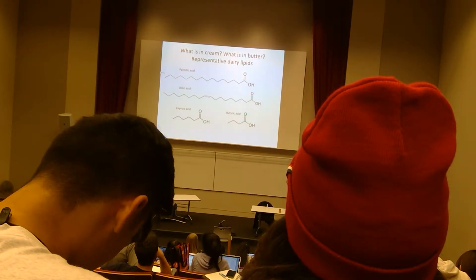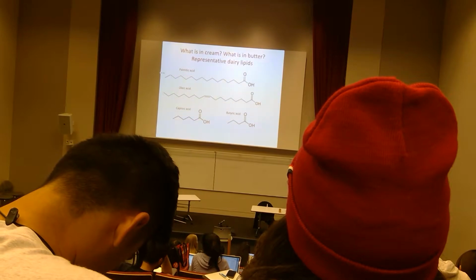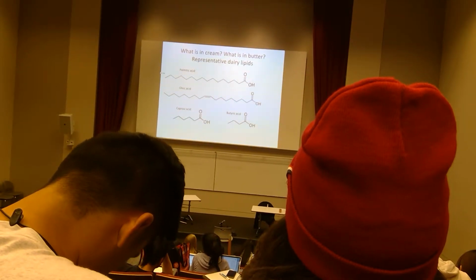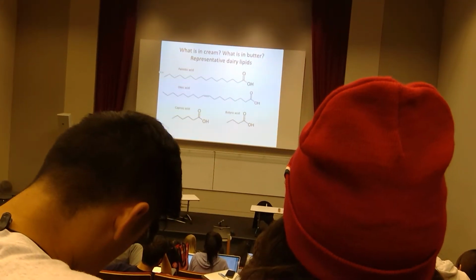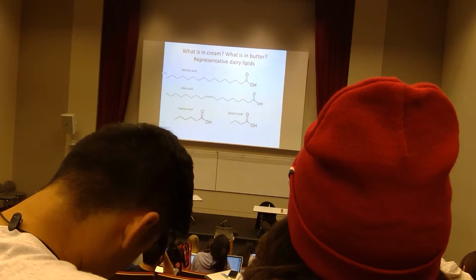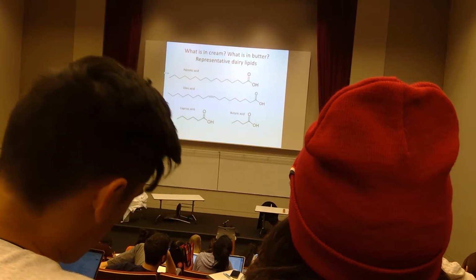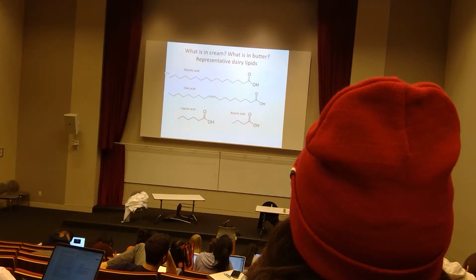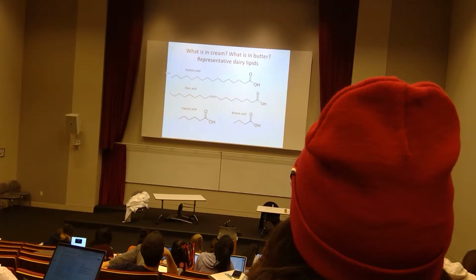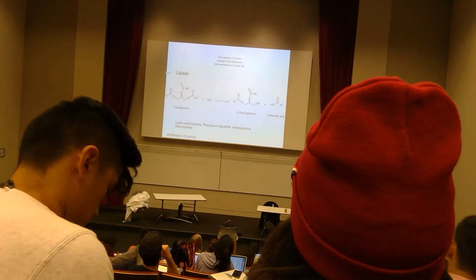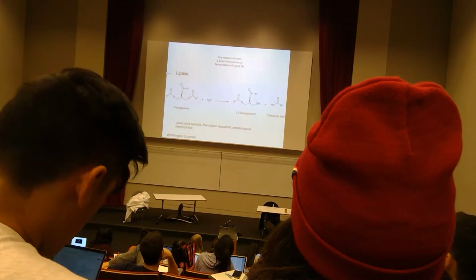And then in butter, we also have some nice small fatty acids as well, like this caproic acid. This comes from the Greek name for goat, and so this has got a goaty aroma to it. And this butyric acid is a very short chain fatty acid, and this has got a kind of funky smell to it as well.